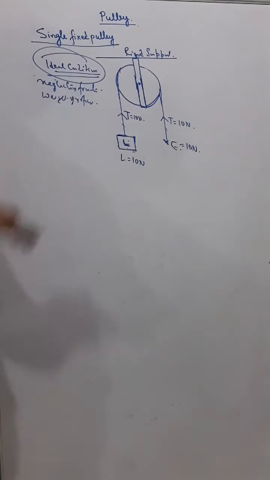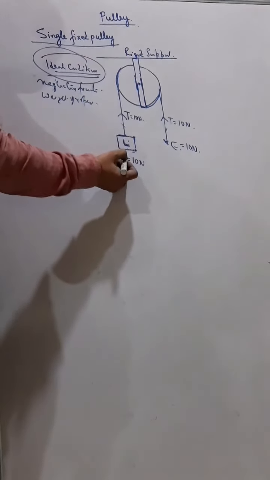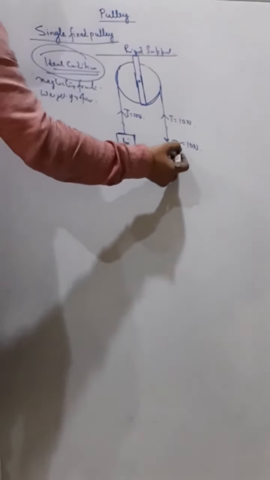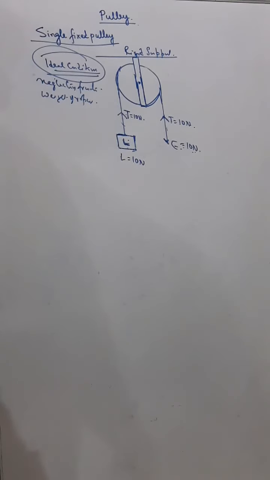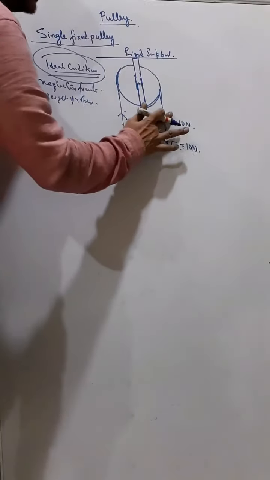This is just an example, it can be any value. If load is 10 Newton, then the tension will be 10 Newton, and that much will be the effort, and if effort is 10 Newton, then here also a tension of 10 Newton will be produced. But here we will not take any value.